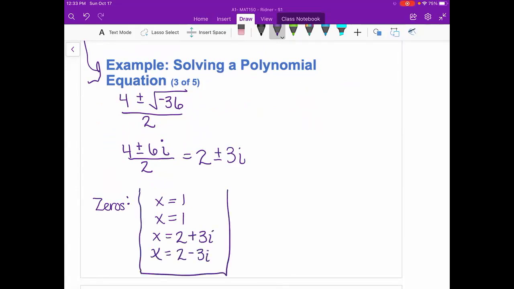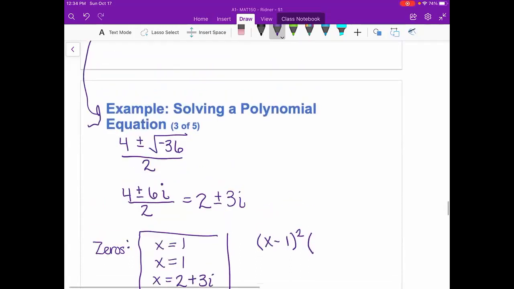So 4 solutions. If I wanted to write out the factors, I would actually write x minus 1 squared, because there's 2 of them. And then I would not write out x minus 2 minus 3i and then x minus 2 plus 3i. That's not typically proper. So it's not proper to have the i in there.